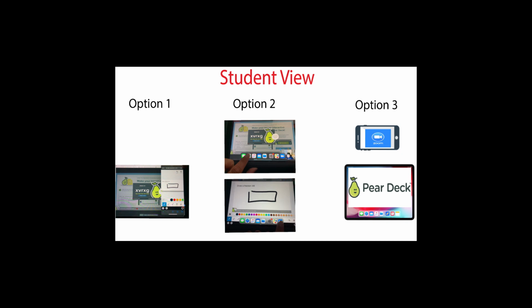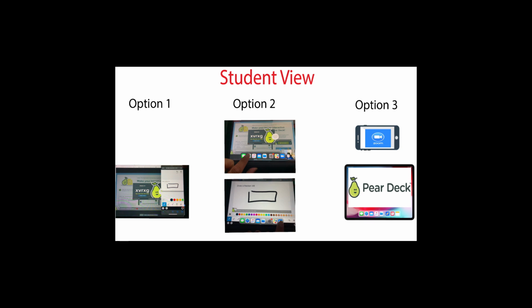But if the kid doesn't have a second tool to use for Zoom, then option two is probably the best one. And then there might be kids who are completely okay with option one. So that's the flow for working with these tools.